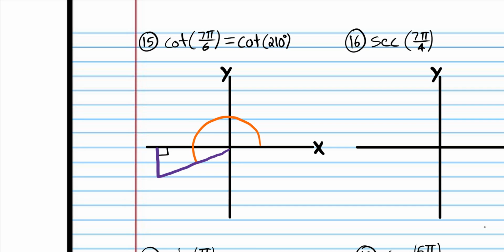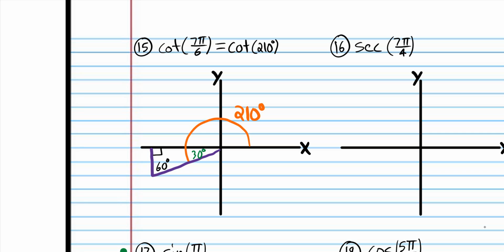And so the reference angle is obviously going to be 30 degrees. And this angle is 60 by the triangle sum theorem. And the 30, 60, 90 degree triangle theorem tells us that if this side is b, then this side is b root 3, and this side is 2b.